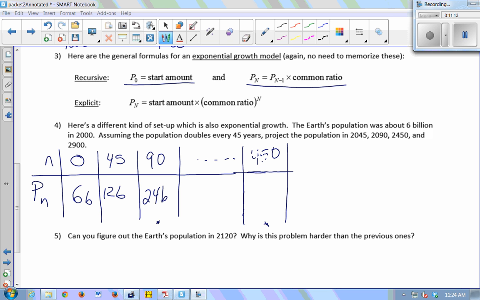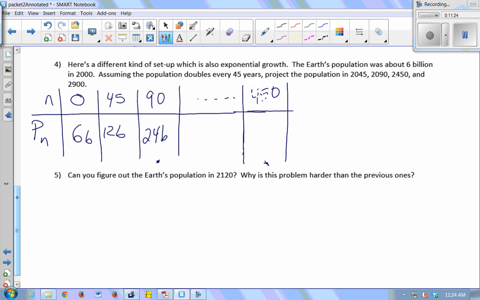Okay, so that means that my population should double 8 times between 2090 and 2450. So to get from here to here, I should multiply by 2 8 times, which is the same thing as multiplying by 2 to the 8th. Right? Because multiplying a number by itself 8 times would be an exponent of 2 to the 8th.